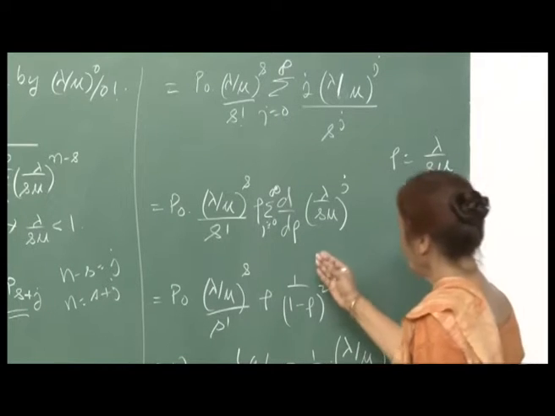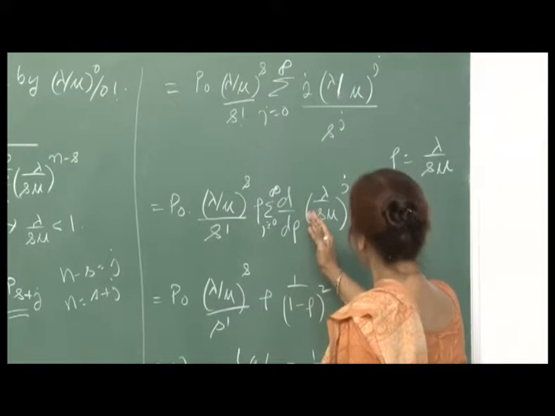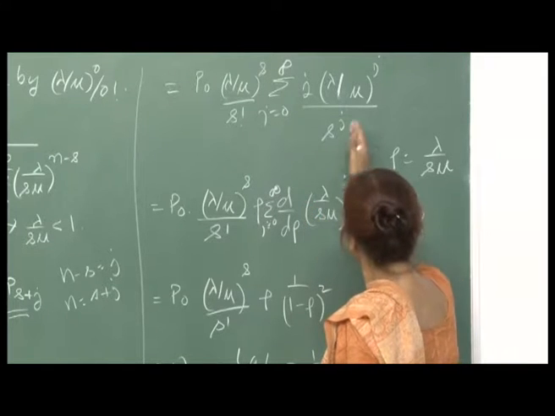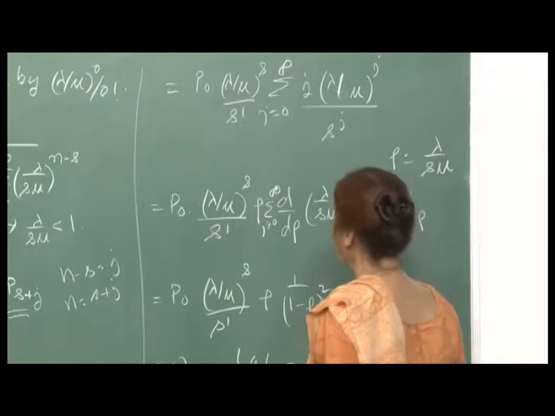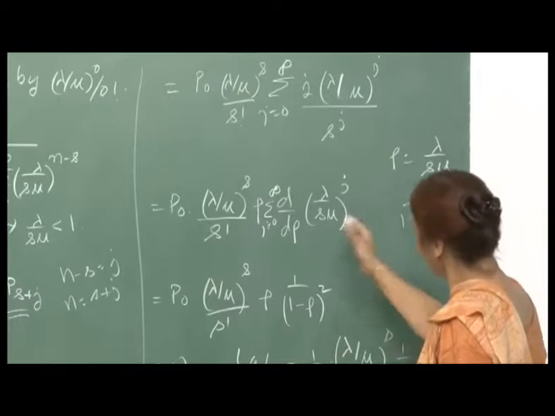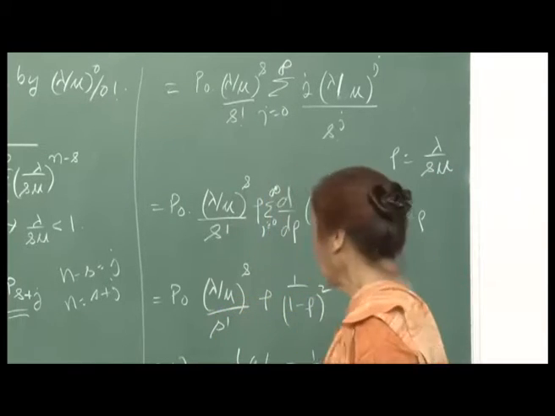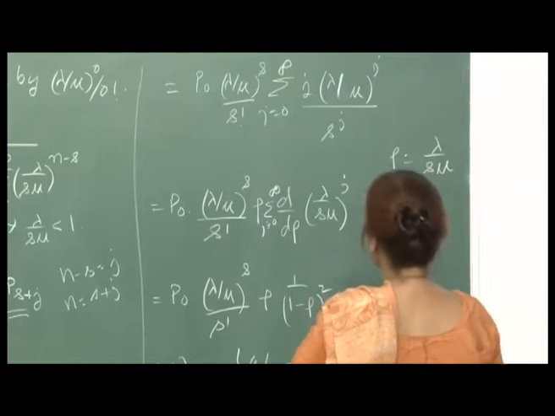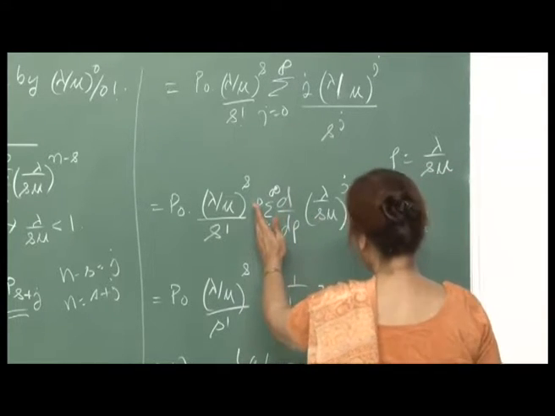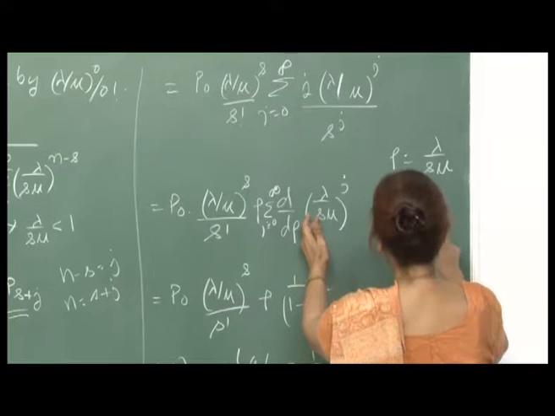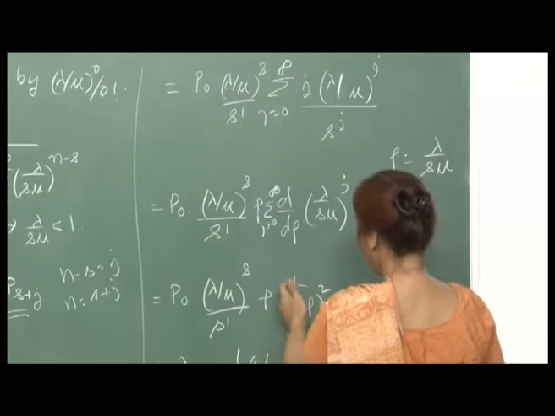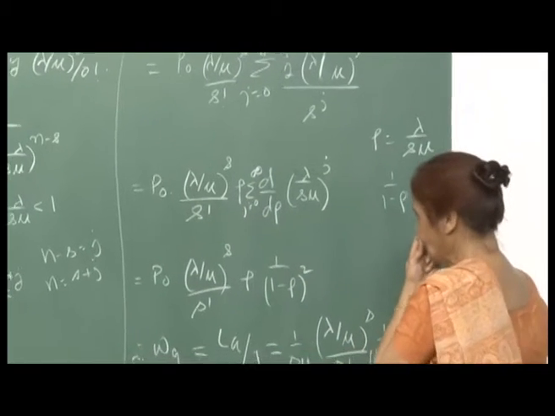Actually, what I should have done is first write the derivative inside and then take it outside, because it is a convergent series, so you can interchange the summation sign and the derivative sign. So, now I take the derivative outside, then this sums up to 1 upon 1 minus rho, and the derivative gives me 1 upon 1 minus rho whole square.